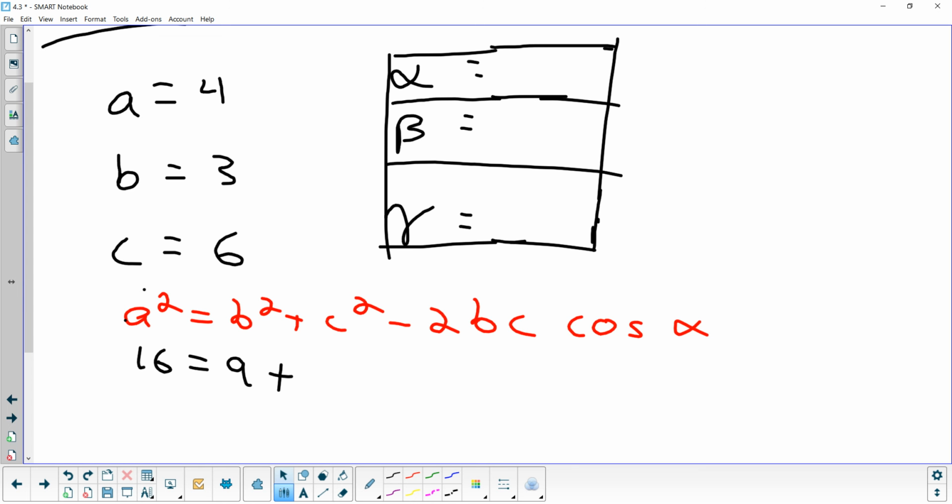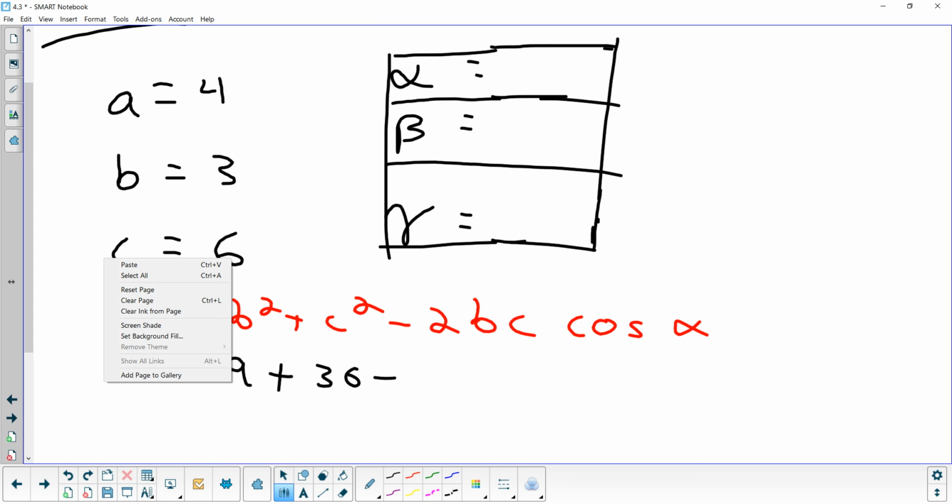Jaden, what's c squared? Or just start with c. What's c in this case, Jaden? 6, and what do you get if you square that? 36. Yeah. Okay, minus 2bc. Raymond, what's 2 times b? 6 times c? So final answer? 36.